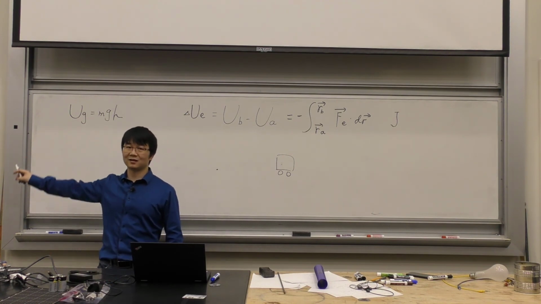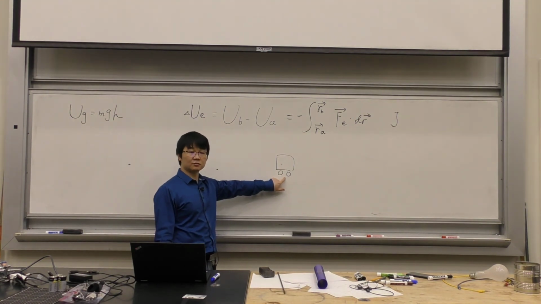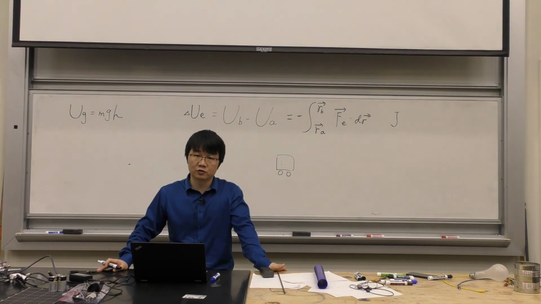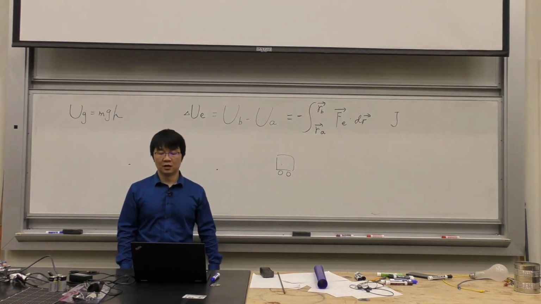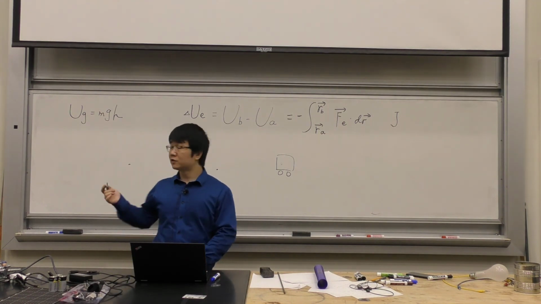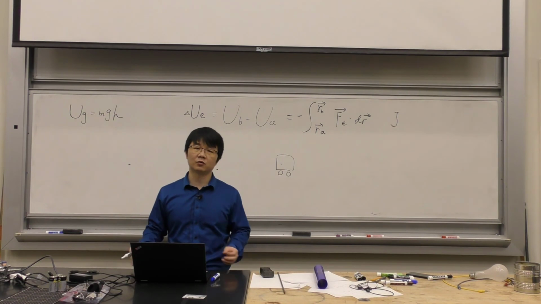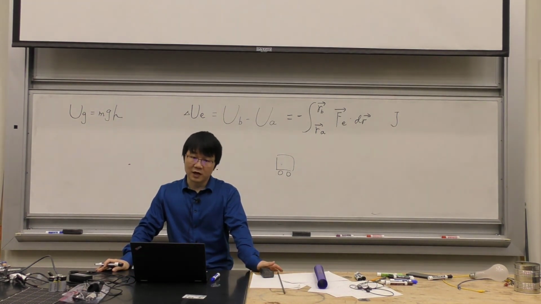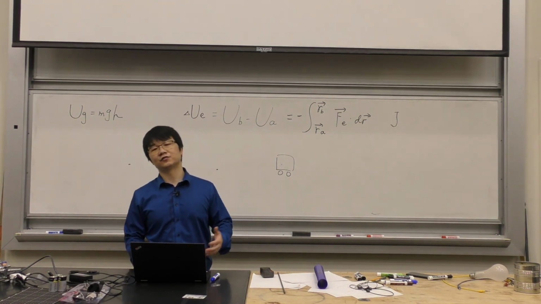So the x-coordinate, the position of this, is totally relative. You have to define a zero reference point. So for gravitational potential energy, the actual value, even though we say the height, what is the height? It's totally relative. You need to tell me where the zero reference is. So the value you calculate is relative, and different people can get different values.